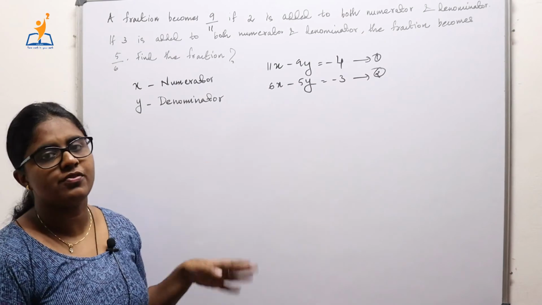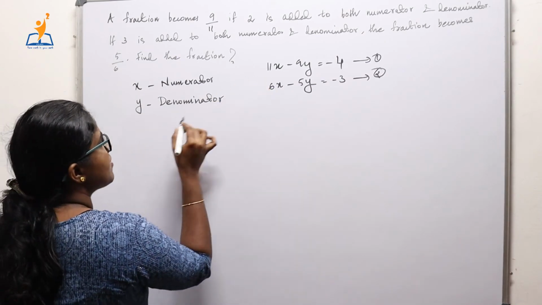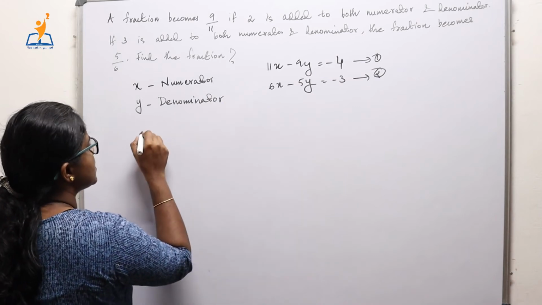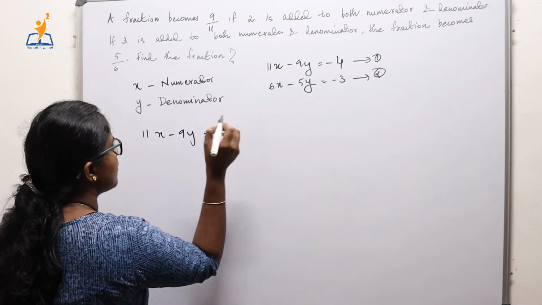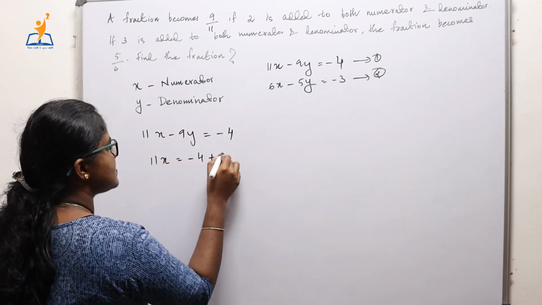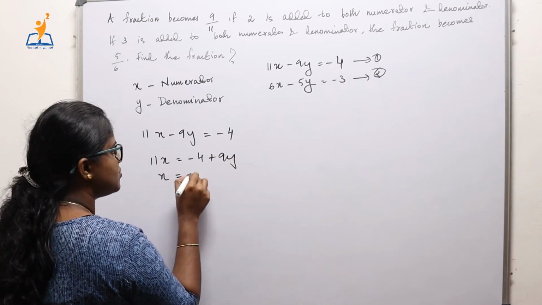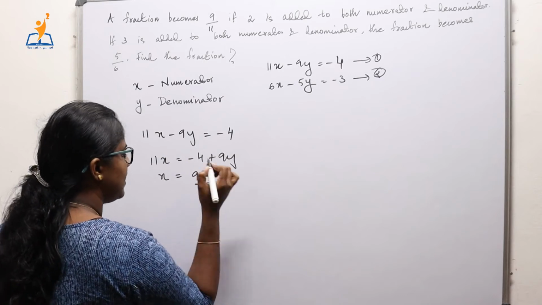Now we have to solve these two equations by the substitution method. For that we can find the value of x from equation 1, that is 11x minus 9y equals minus 4, which means 11x is equal to minus 4 plus 9y, and x is equal to 9y minus 4 divided by 11.